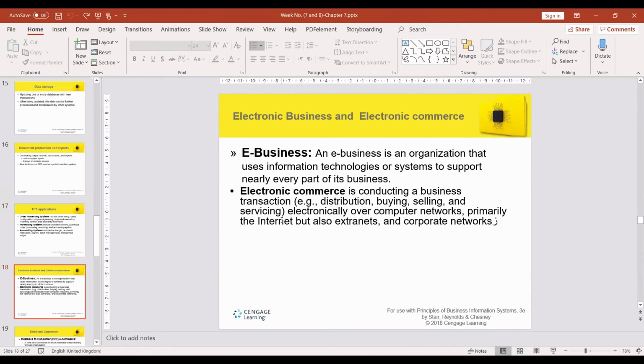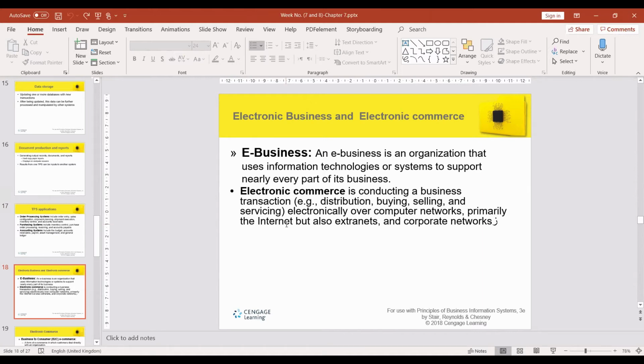So now moving to the next topic, e-business and electronic commerce. E-business is an organization that uses information technology or systems to support nearly every part of its business.